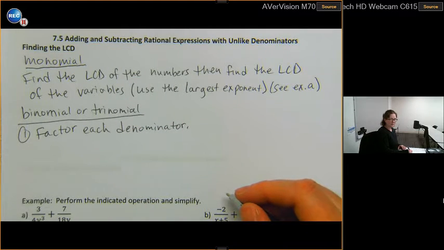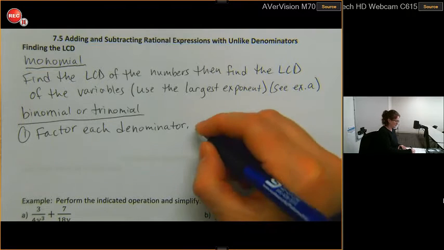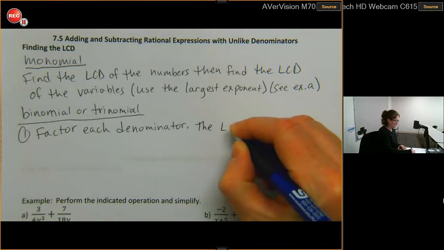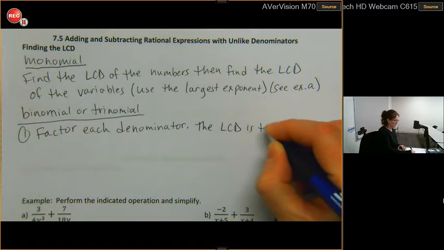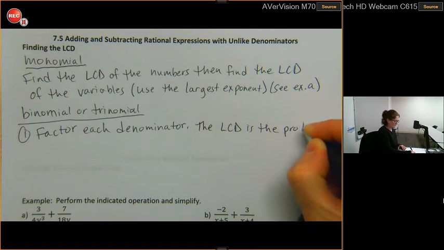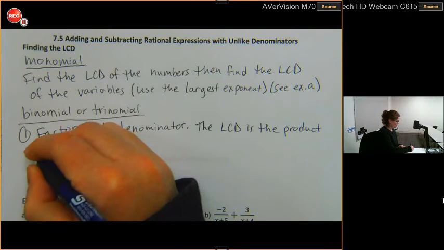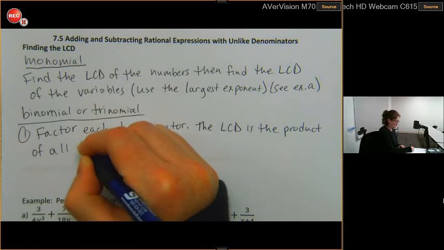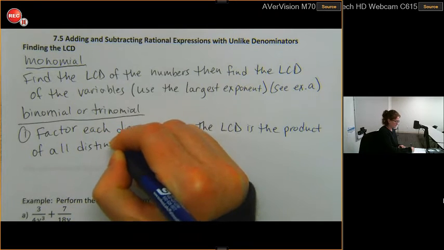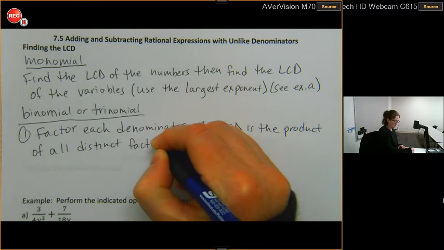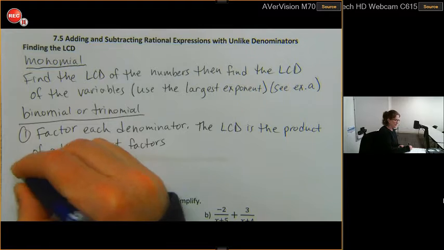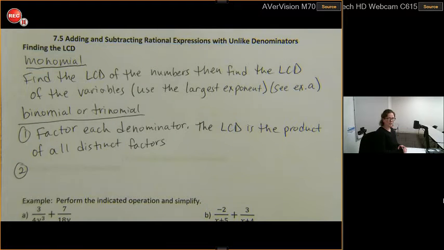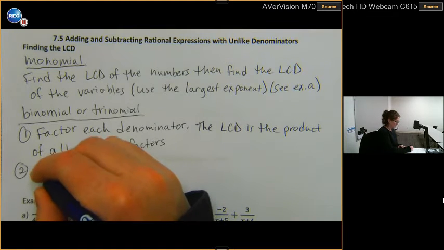The LCD is the product of all distinct factors. Then you're going to multiply both the numerator and the denominator by the expression necessary to obtain the LCD.